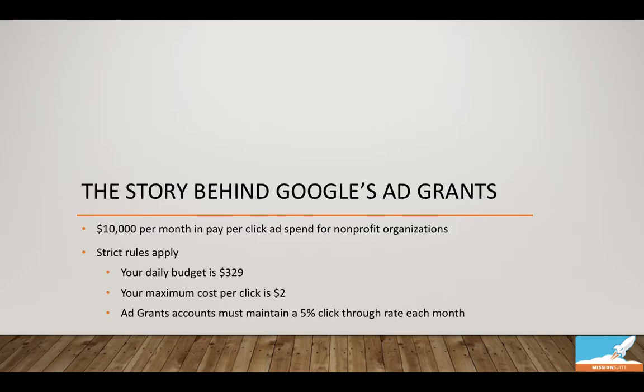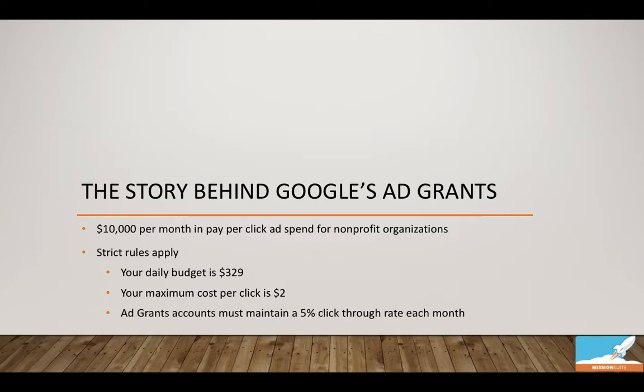So what are those rules? Well, first of all, your daily budget is $329, right? So that's $329 times 30 days-ish is $10,000. So that's first and foremost. Where it gets to be challenging is that your maximum cost per click is $2 per click, right? And that's really not a very easy number to hit in certain search terms.